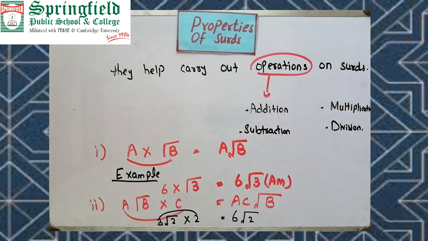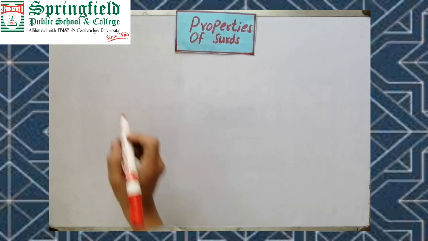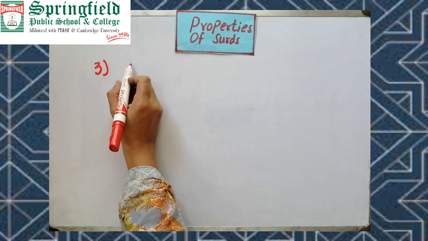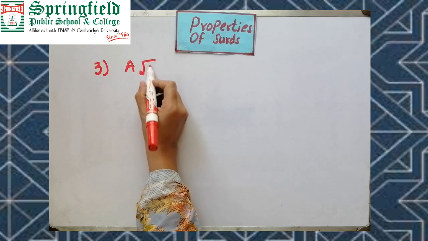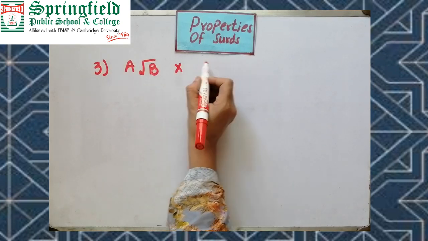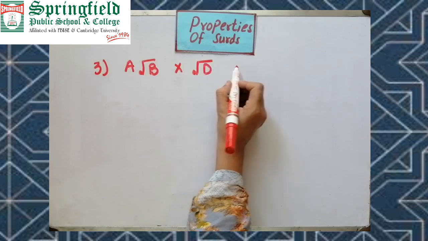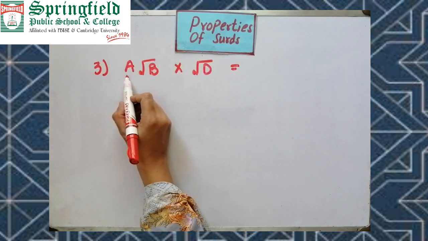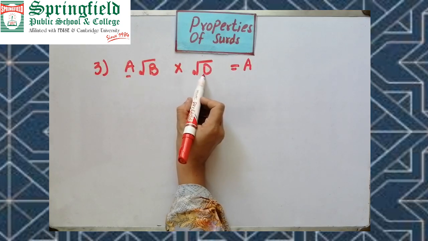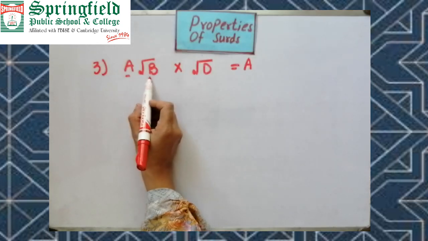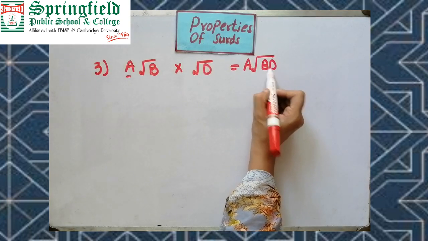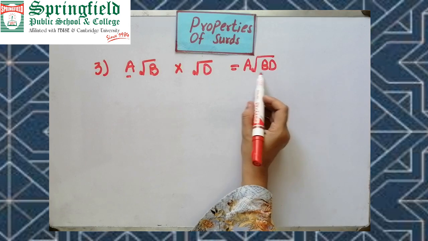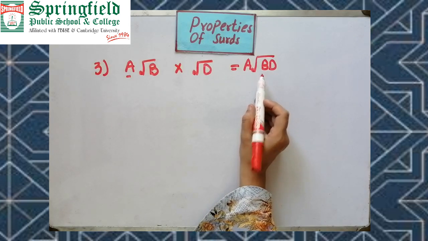Now come to property number 3. The third property is A under root B multiplied by under root D is equal to A, and then under root B and under root D can be written as just 1 under root BD. They are multiplied, so we can write them in just 1 under root.